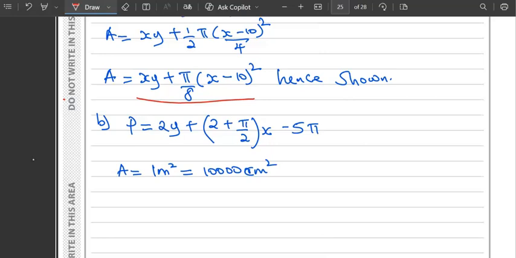So therefore we can say that xy plus pi over 8 into (x minus 10) squared should be equal to 10,000.